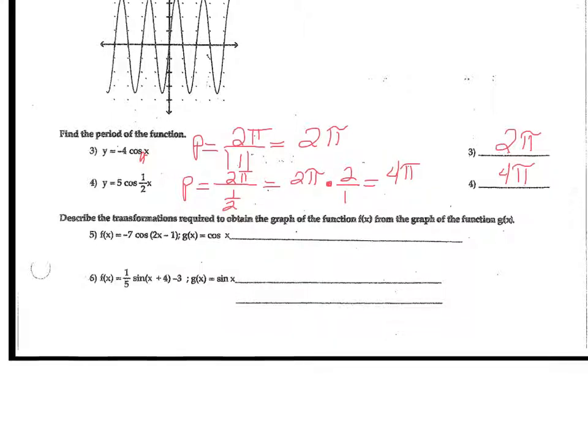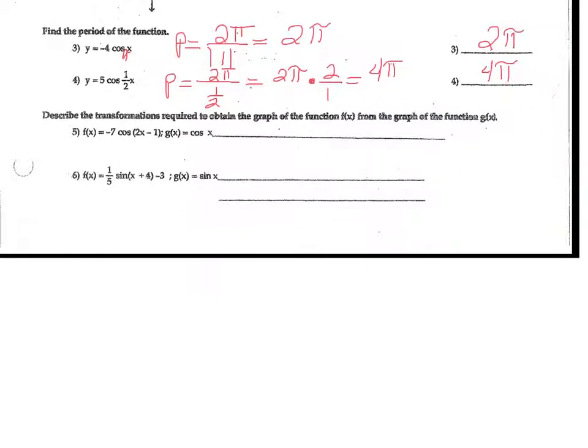For number 5, it says describe the transformations required to obtain the graph of the function. Here, you have cosine of x.